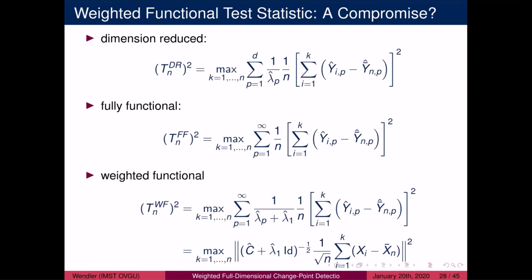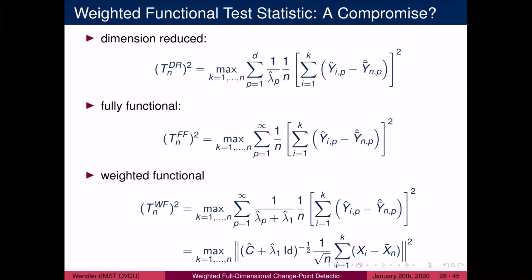So what can we do? We cannot put 1 divided by lambda hat p here. But what we can do is have 1 divided by lambda hat p plus lambda hat 1. Because this is always smaller than 1 divided by lambda hat 1, so it's always smaller than the constant times this.